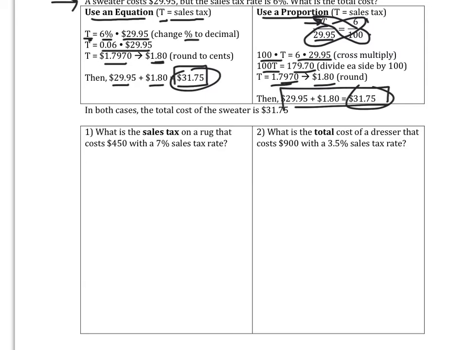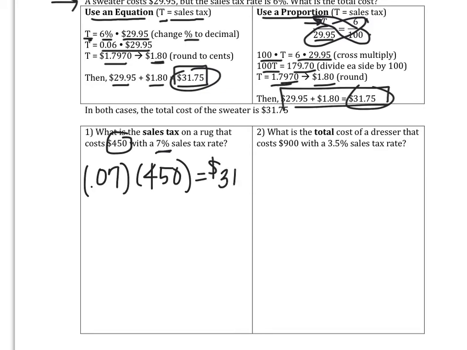Our formula would be 7% of the original amount. So we're going to turn our 7% into a decimal. Of means multiply, 450. And when we multiply that out, we get $31.50. So the sales tax is going to be $31.50.